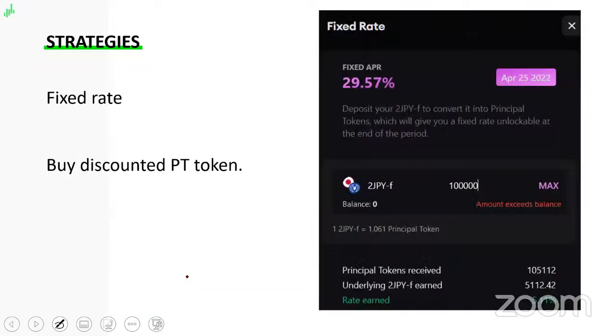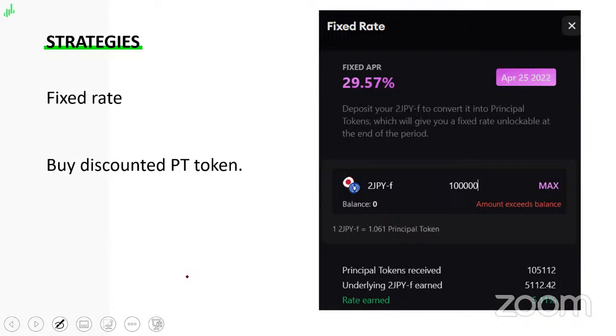So first strategy, the fixed rate, buy discounted PT token. So you have to remember what a PT token is again. We're going to take the example of Japanese yen. When you deposit your MOO to GPY token, you're going to receive the PT token and the FY token.